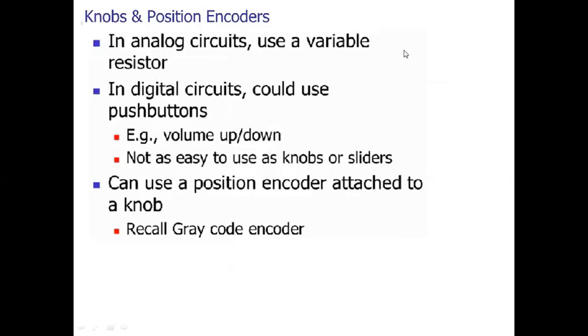Now coming to the knobs and the position encoders. Earlier in the keyboard, in the previous slide, we saw that digital information is being sent by the pressing of a key. Now see these knobs.